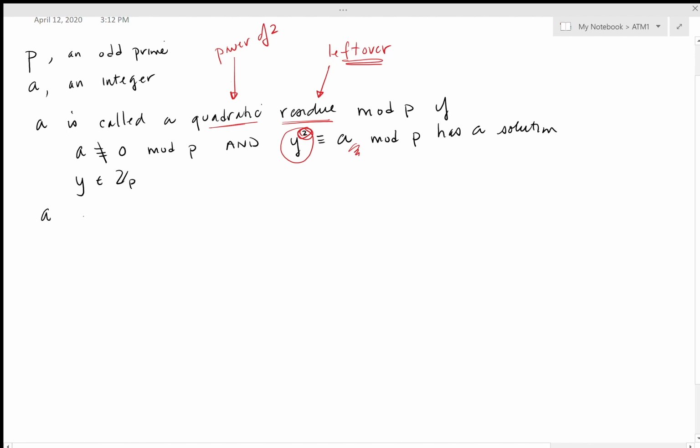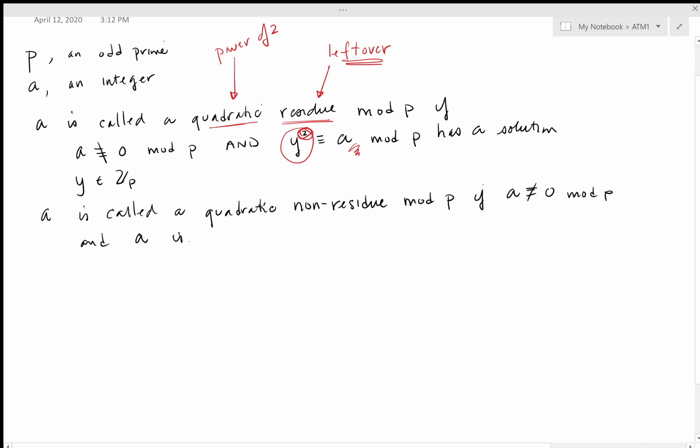So A is called a quadratic non-residue mod P if A is not congruent to 0, and A is not a quadratic residue.